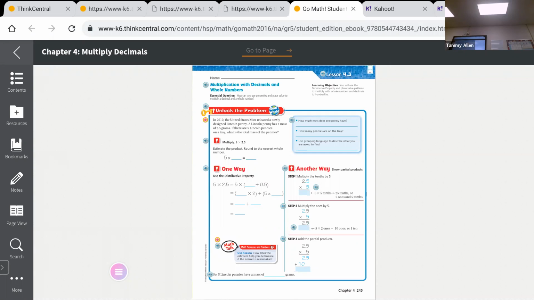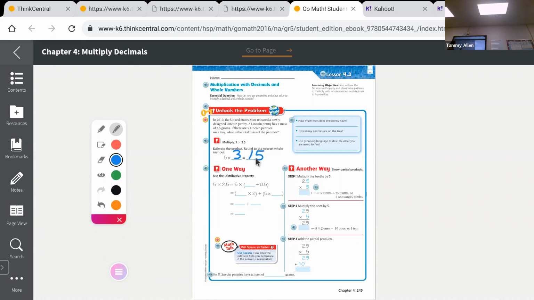So, first off, we can estimate the product. One way to estimate would be to round to the nearest whole number. If we're rounding 2 and 5 tenths to the nearest whole number, it would round to 3. So 5 times 3 would be 15.